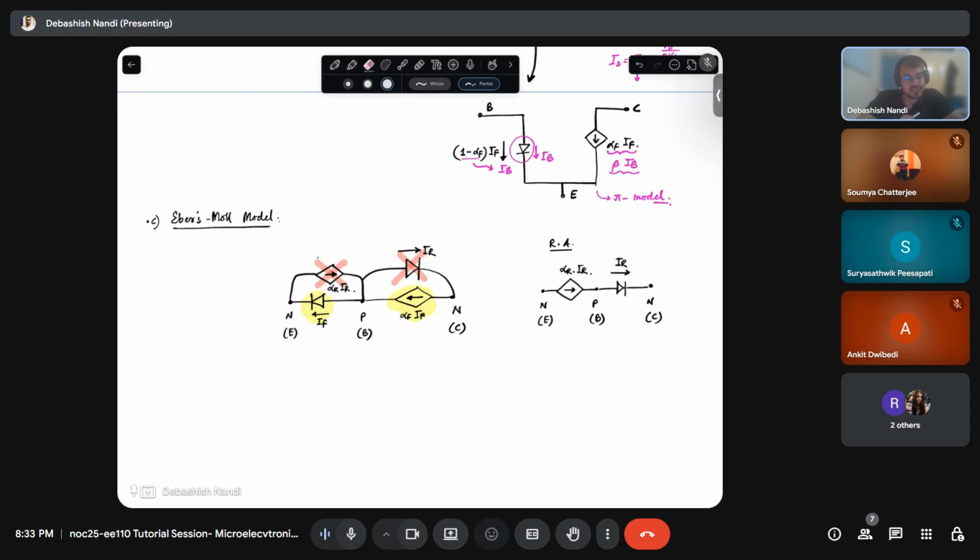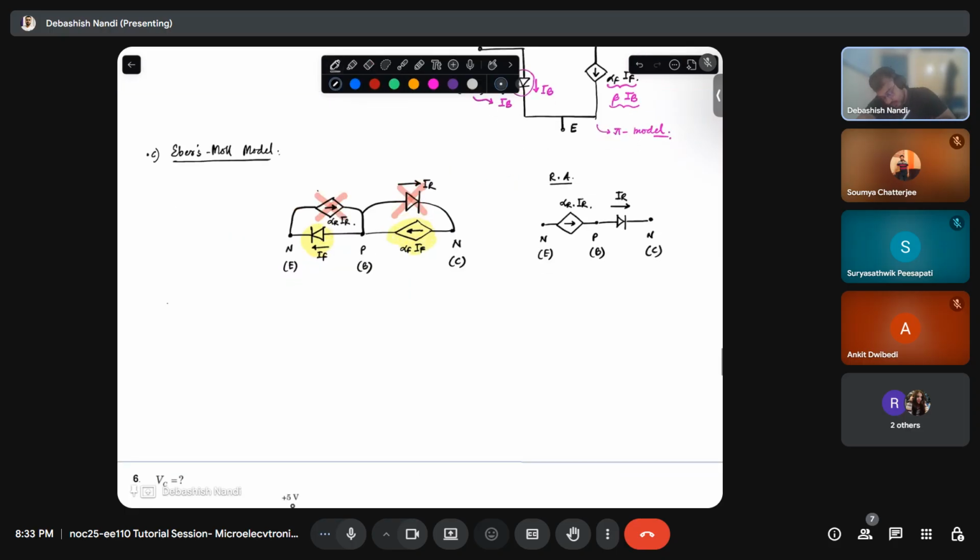Now coming back to the question, why is my VCEsat 0.2 volt? In saturation, what is the bias condition? Both EBJ and CBJ are forward biased, right?